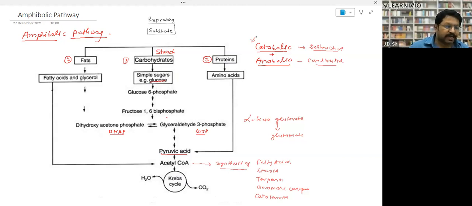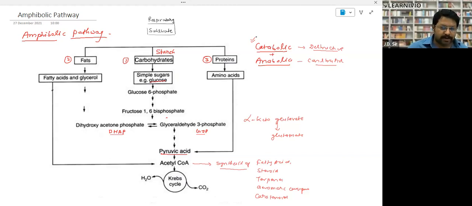Fatty acid will directly convert into acetyl coenzyme A, and you know acetyl coenzyme A will directly go into Krebs. Glycerol will be converted into dihydroxyacetone phosphate (DHAP). DHAP will convert into G3P. Again, the glycolysis. G3P will be converted into pyruvic acid, then acetyl coenzyme A and Krebs and energy. That's how the respiratory substrate fat is utilized.